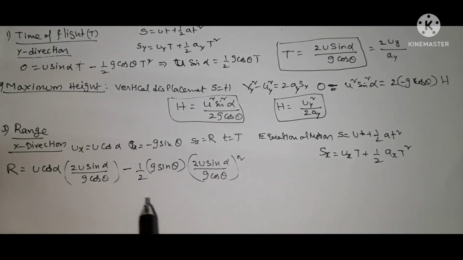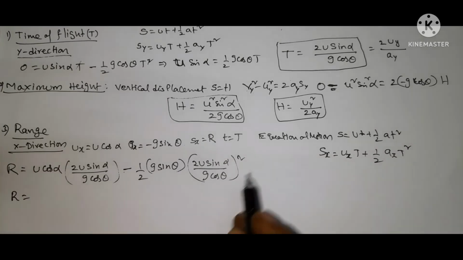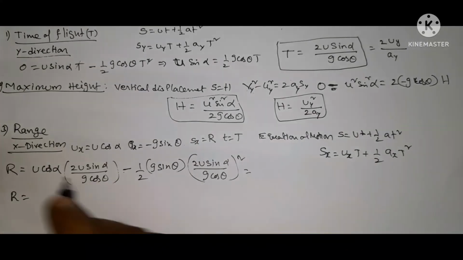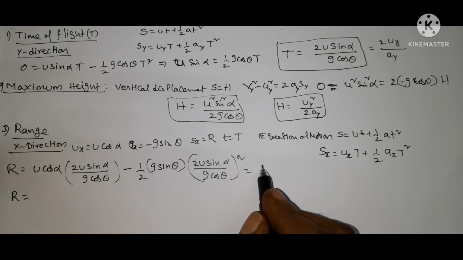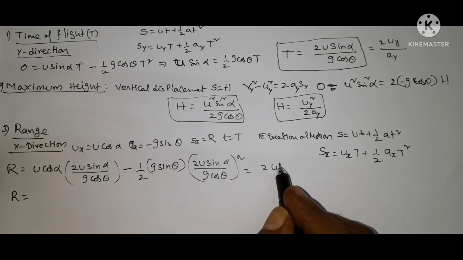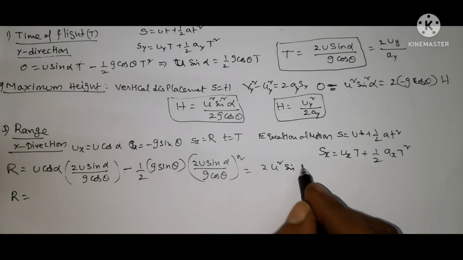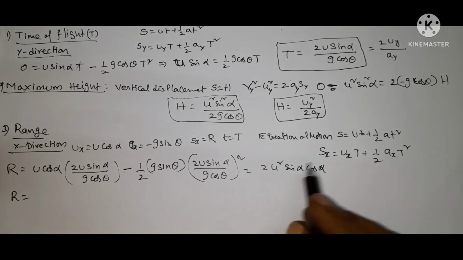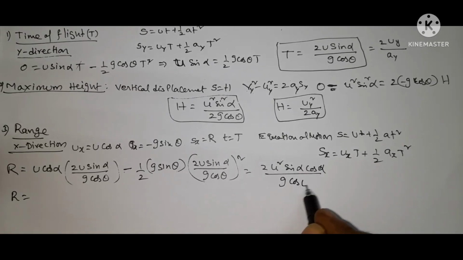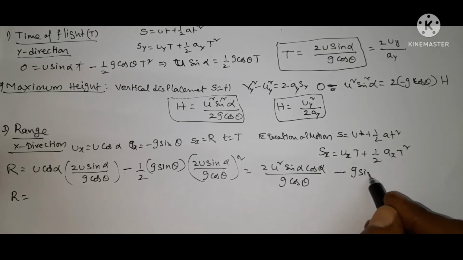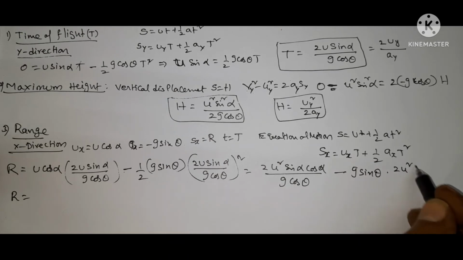Okay, now simplify this. You can take out the common factor 2. Writing more clearly, here it is 2u square sin alpha cos alpha by g cos theta, minus sin theta into 2u square sin square alpha by g square cos square theta.